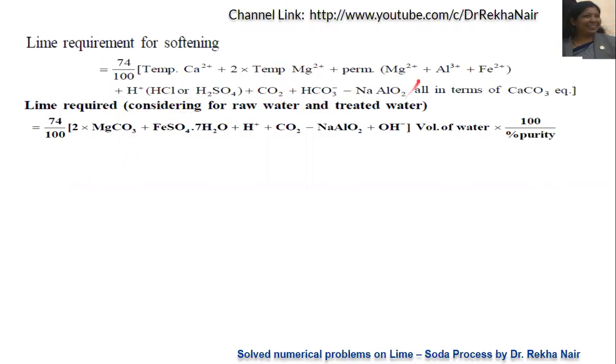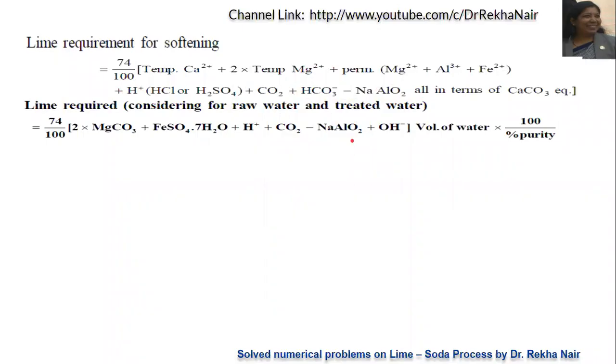Permanent magnesium is not given. Okay. And aluminum is not given. Iron is given. Fe2 plus as ferrous sulfate, FeSO4.7H2O plus acid H plus is given. Carbon dioxide is also given, and HCO3 minus is not given, and NaAlO2 is given. So you can subtract it with NaAlO2.